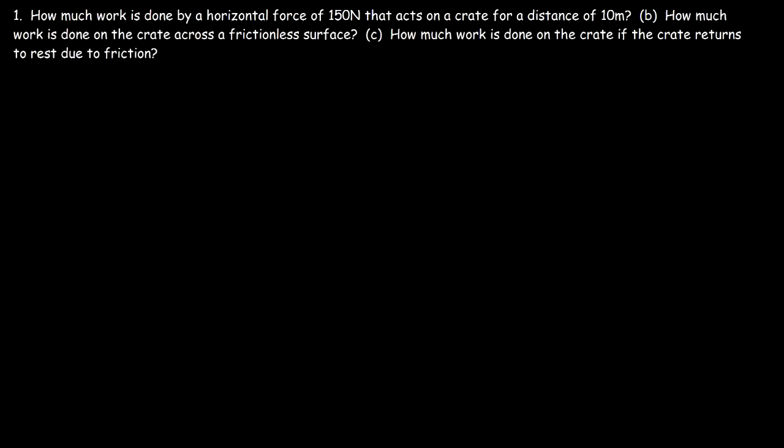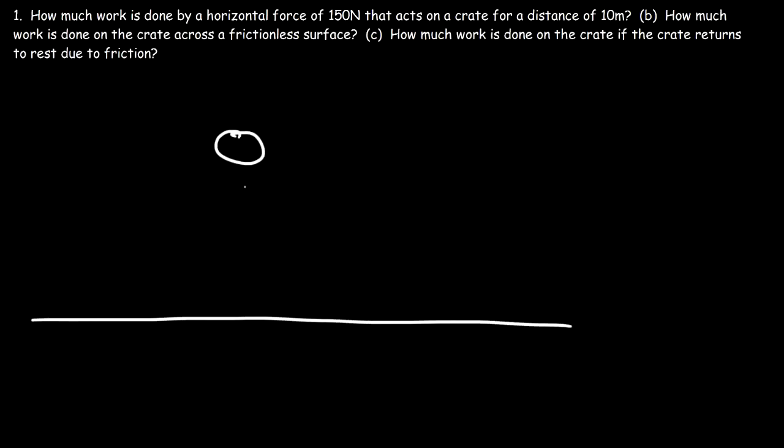Now let's say this is the ground level, and there's a ball. The ball is falling due to the force of gravity acting on it. So it's also moving in this direction. It has a displacement in the negative y direction. So the work done on the ball, is it positive or negative?